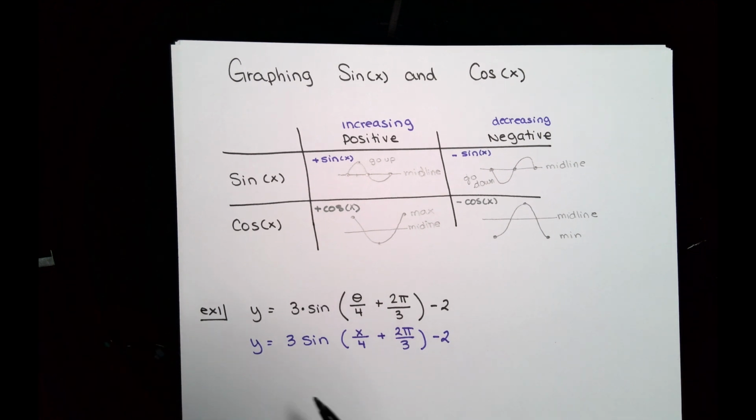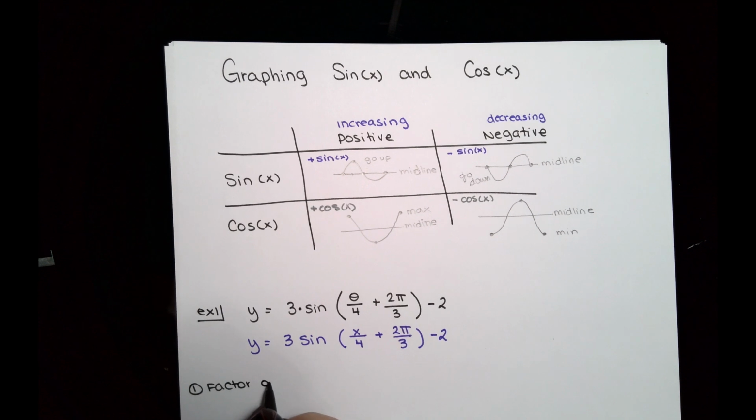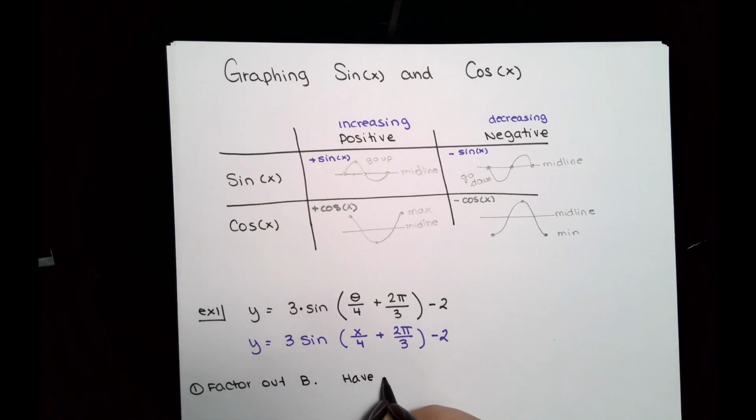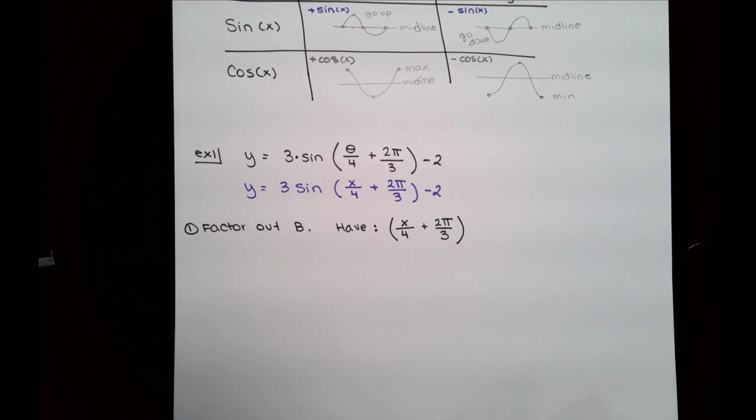Step number 1, we need to factor out b. So what we have right now is x over 4 plus 2 pi thirds. This is what we currently have inside parentheses. So my trick is look at your b value, take its reciprocal, multiply by your c value, which is the original.